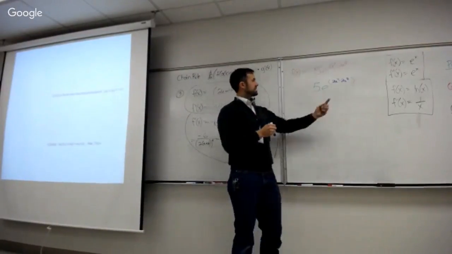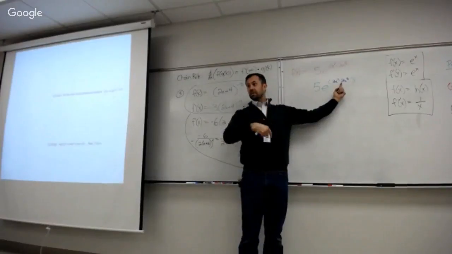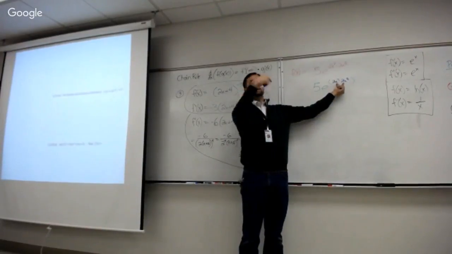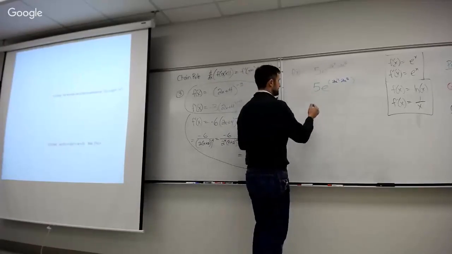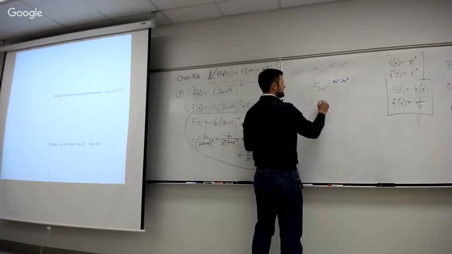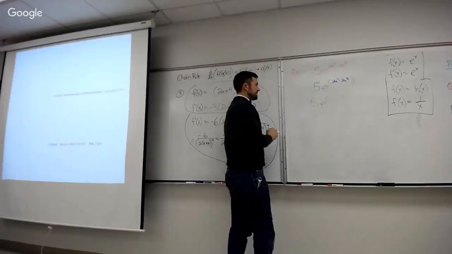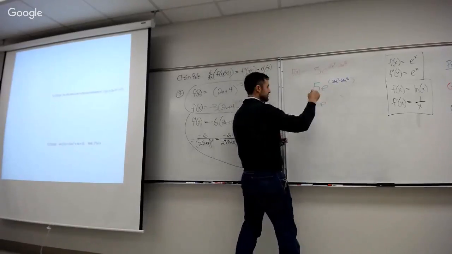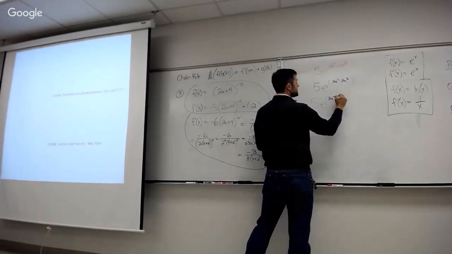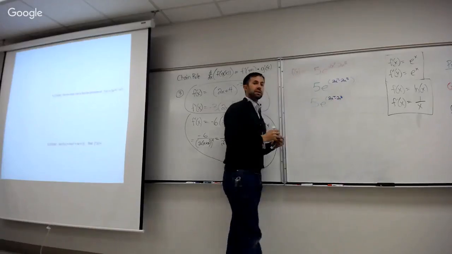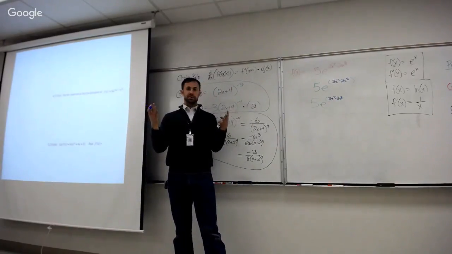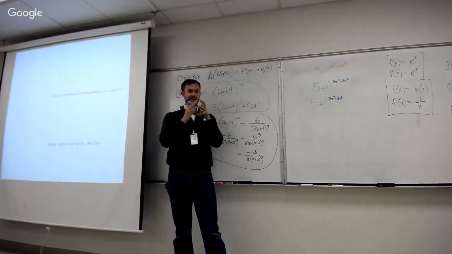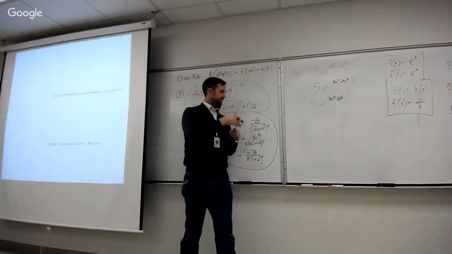The blue function got plugged into 5e to the. So the outside function is 5e to the something, and what we plugged into it is 2x to the 7th minus 2x to the 8th. That's how you answer the question about outside and inside. Outside is the function that's about to get plugged into, and inside is the function that got plugged in.